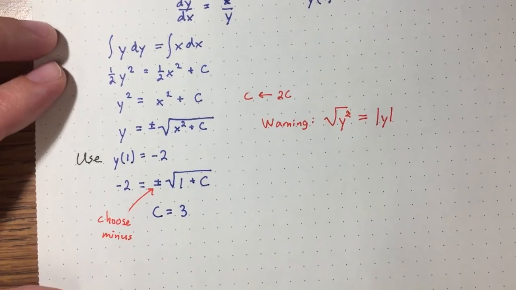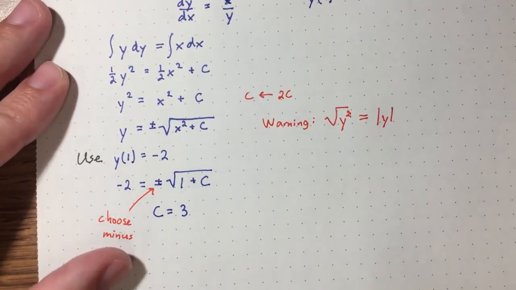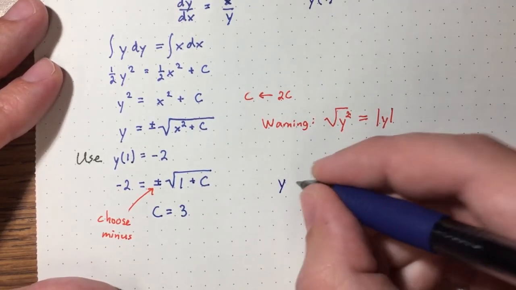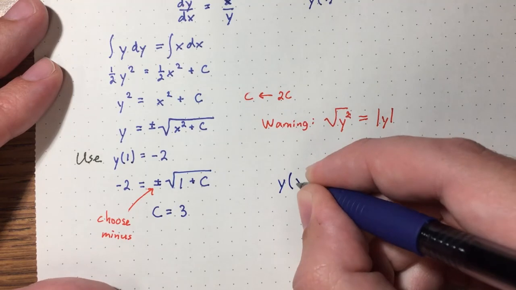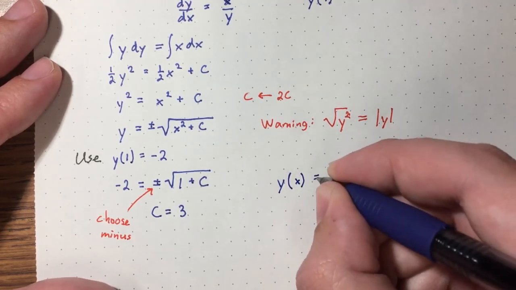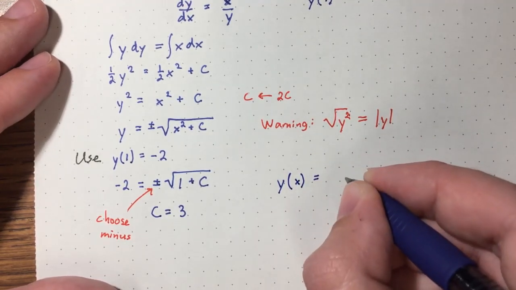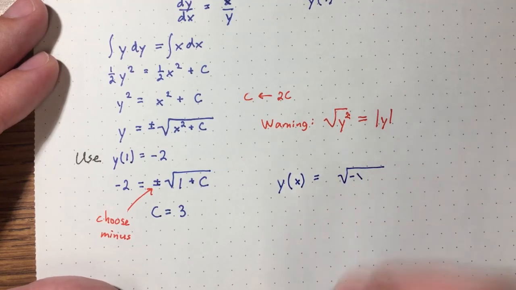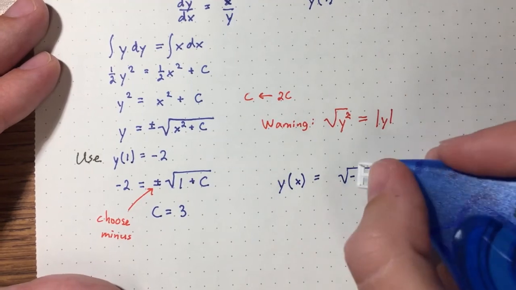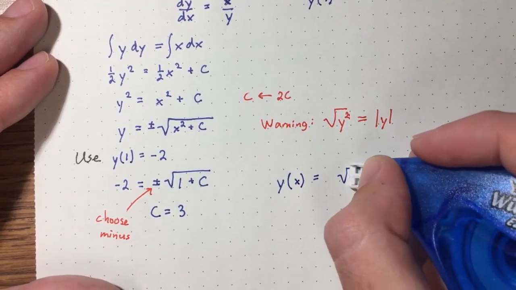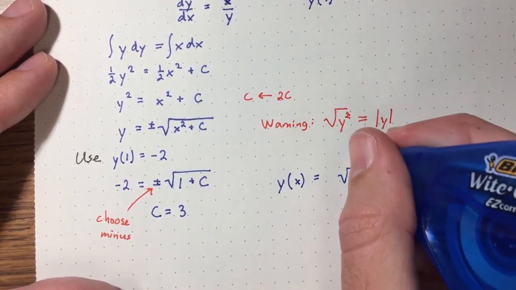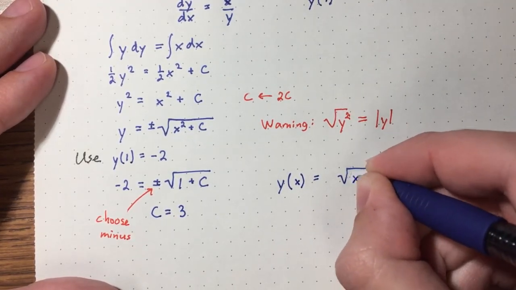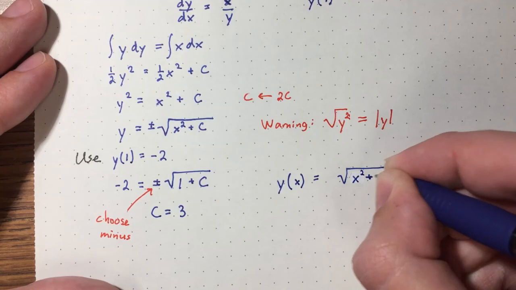So when we write down our solution, it's going to look like this. It's going to be y of x in this case, is going to equal, so c is 3, so we have square root of x squared plus 3.